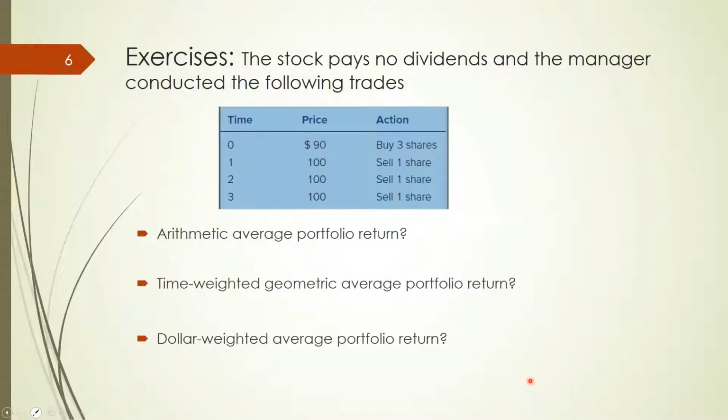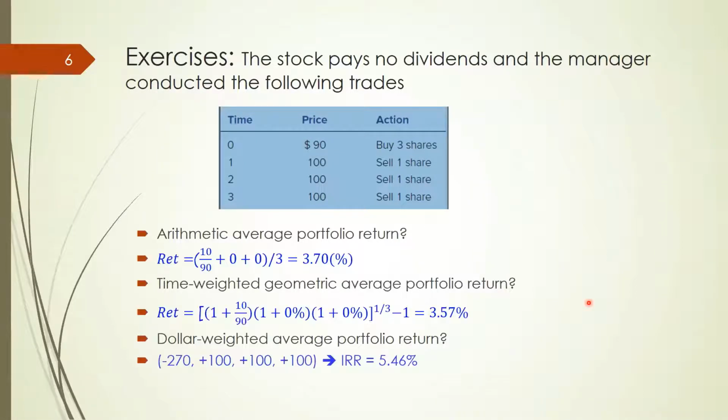In this exercise, we ask you to calculate the 3 average returns for the manager who purchased 3 shares at $90 a share at time 0 and sold 1 share at a time in the next 3 periods. The arithmetic average return turned out to be 3.70%, the geometric mean return turns out to be 3.57%, and the dollar-weighted average return is 5.46%.